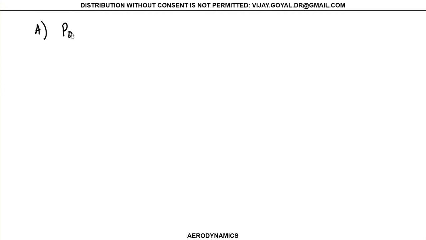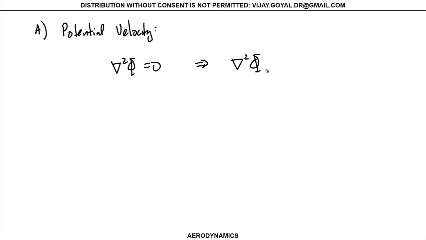The potential velocity would be nothing else than the Laplacian of the potential equal to 0, okay? And the gradient of this will be the source. And then just remember that we also have the flow.